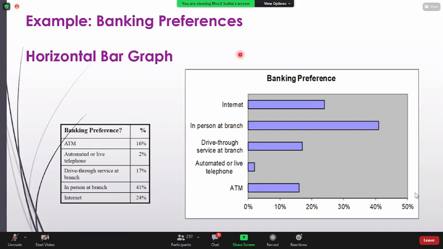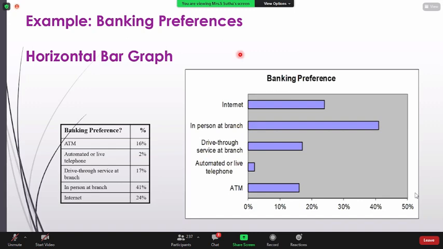Percentage is not a measurement of the variable. Even in the previous example, you said it perfectly. What are the measurements of the variable? Here, what does the percentage say?